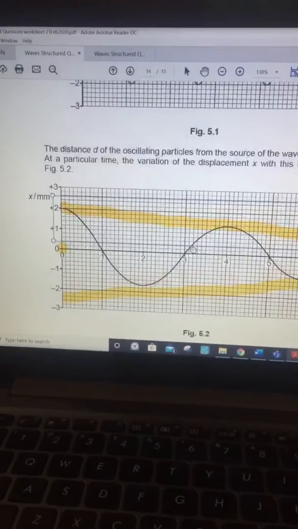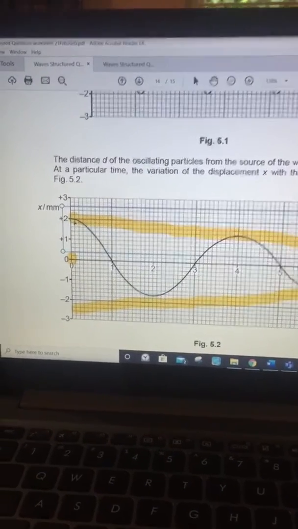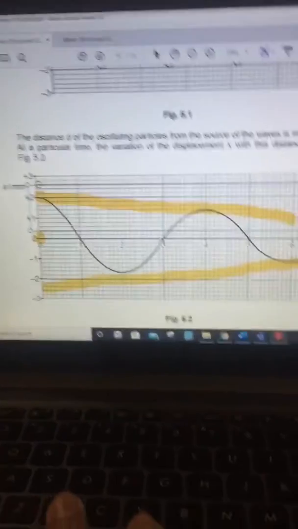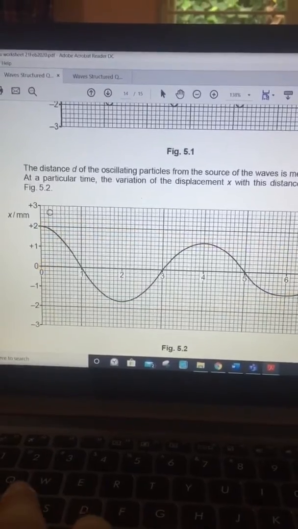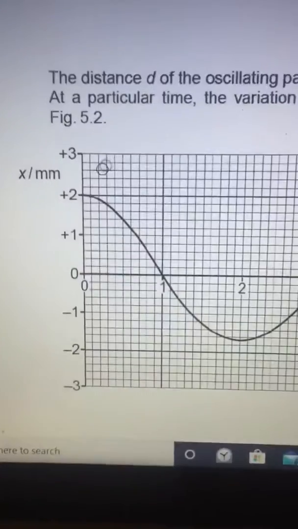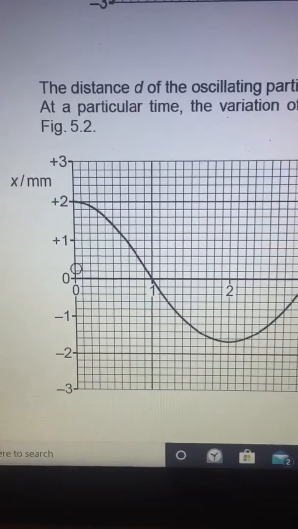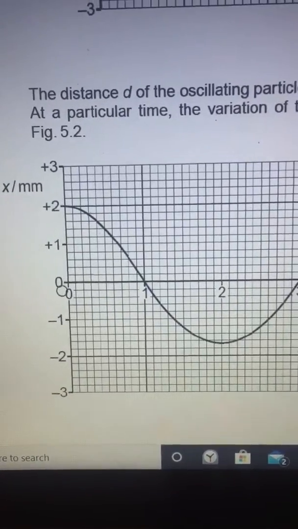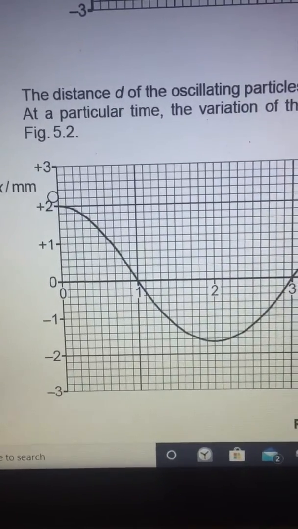Now amplitude at the source, since they're talking about amplitude at the source, this is the peak. Otherwise we can't take it as the amplitude, right?